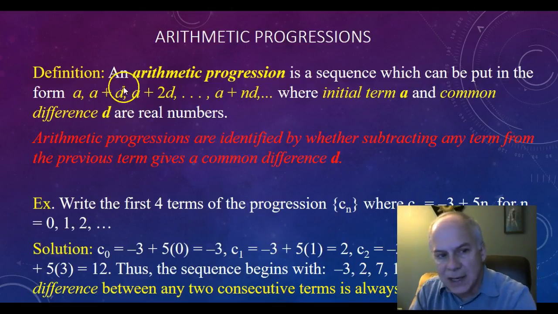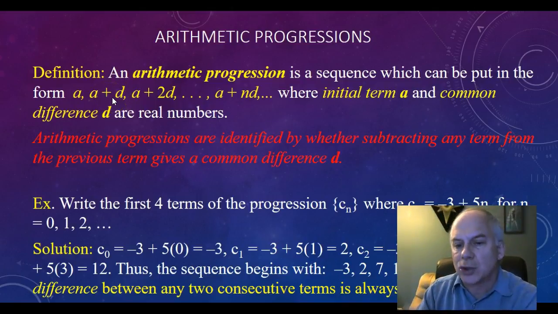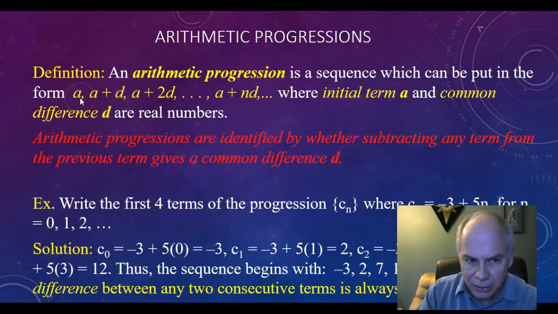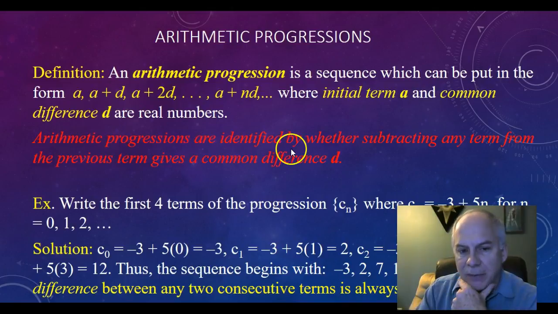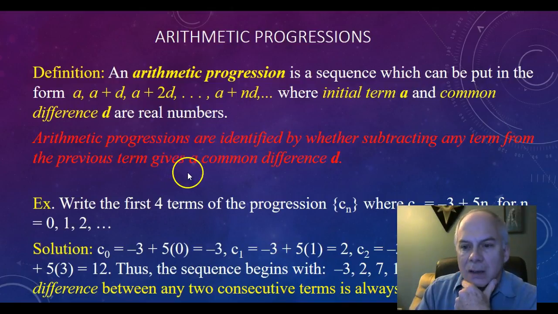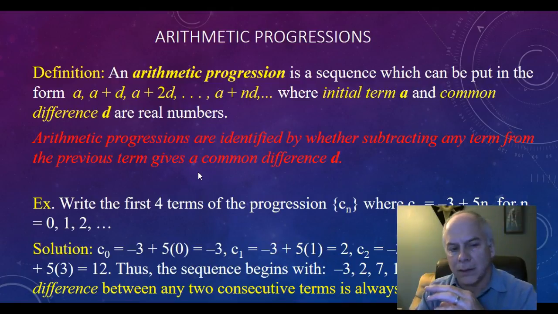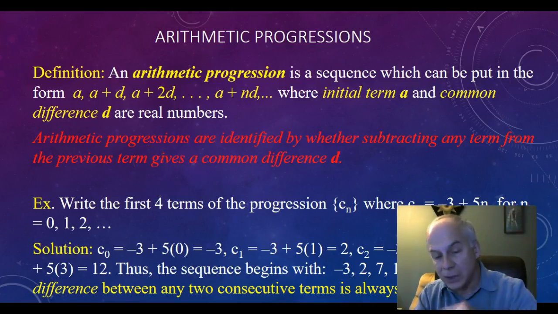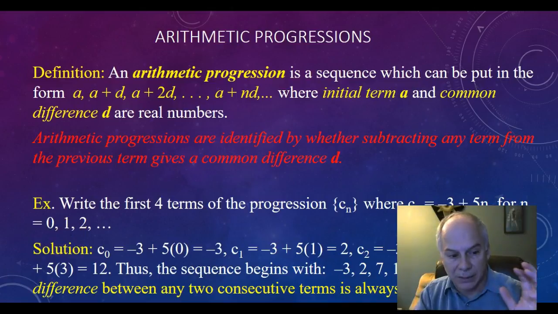And you can see that if you take any term and subtract the previous term, arithmetic progressions are identified by whether subtracting the previous term from any term gives a common difference.